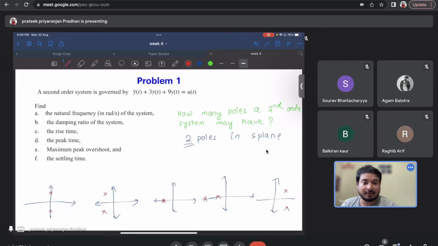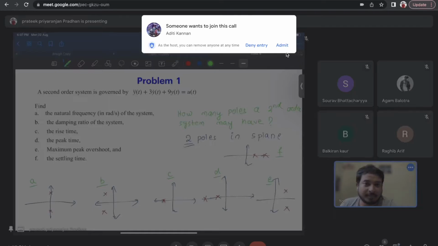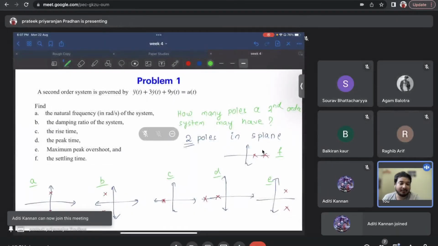Let's call these A, B, C, D, E, and F. Is there any other situation where the second order system poles can be?